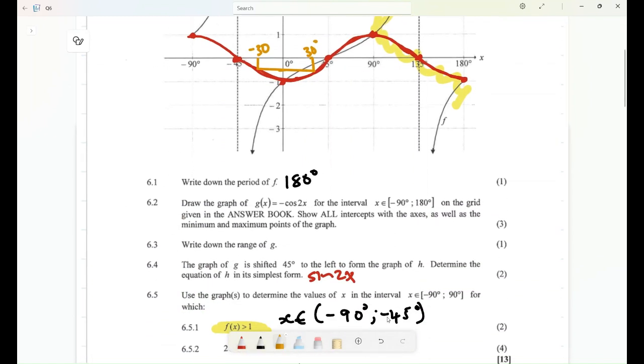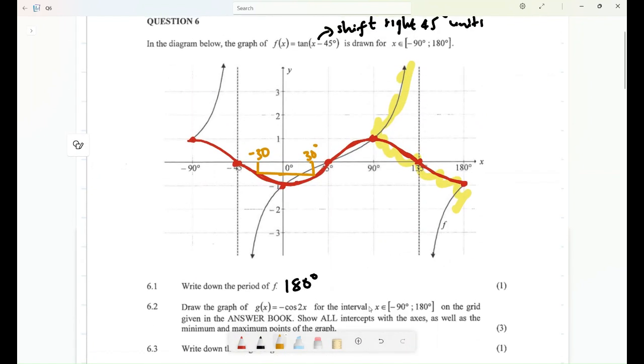Because remember, cos 60 is equal to half. But now I have cos 2 times that angle, which is equal to half, so my angle is half of 60. 30, I mean. So this region there is 30.